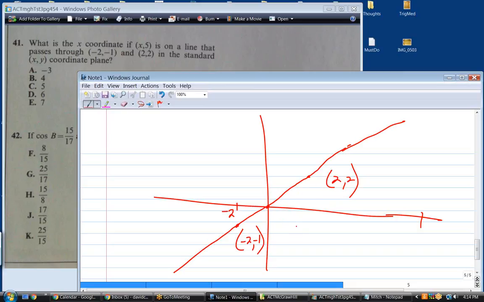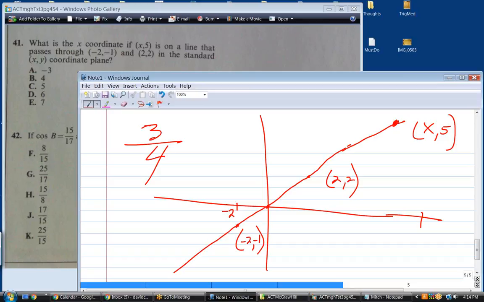Well, what is this slope? 3/4. Correct. So if the slope is 3/4, and there is some coordinate up there called x comma 5, how do I solve for x? I mean, I'm kind of doing it the lazy way.